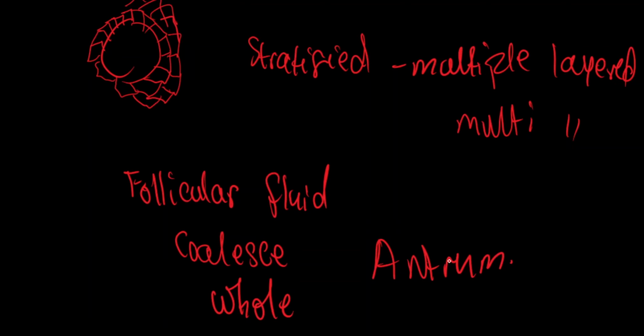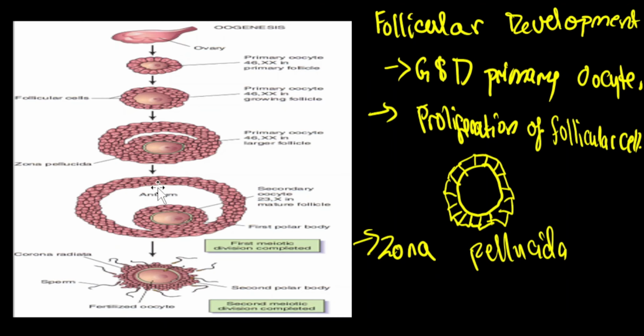Okay, so we have the antrium, and this picture does a good job of depicting what it looks like. The follicular cells multiply and become stratified, and we have the follicular fluid within the antrium. It's at this stage that the antrium is fully formed.